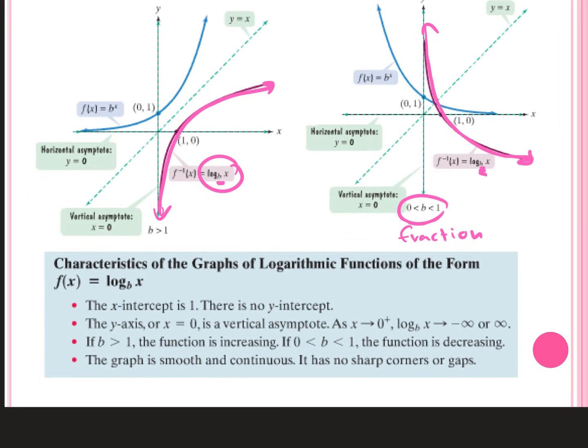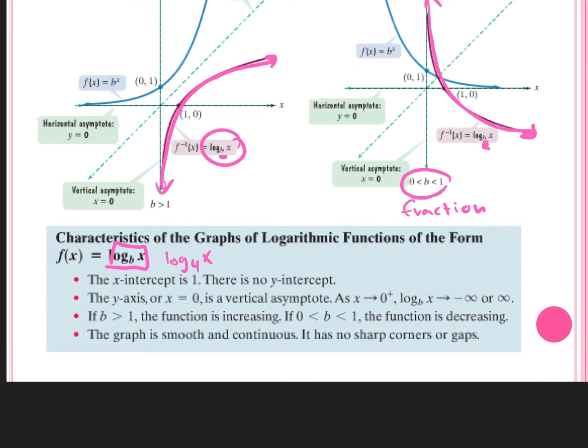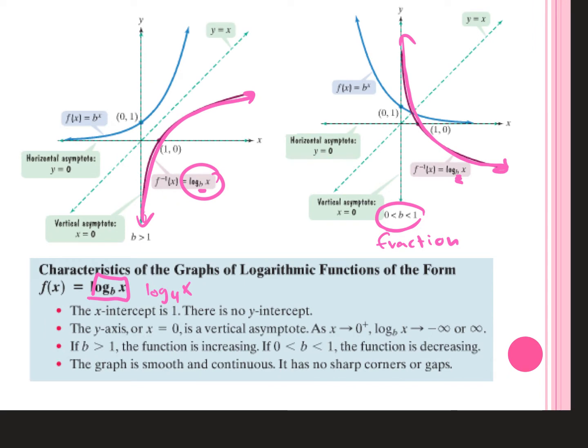Some basic characteristics of our log function. So if I just had log base whatever number, if I had log base 4 of x, these would be my basic characteristics. So the x-intercept is 1, and there is no y-intercept. So notice here that we don't cross in either one of these. We don't cross the y-axis. So there is no y-intercept, and our x-intercept is 1. The y-axis, or x is equal to 0, is our vertical asymptote.